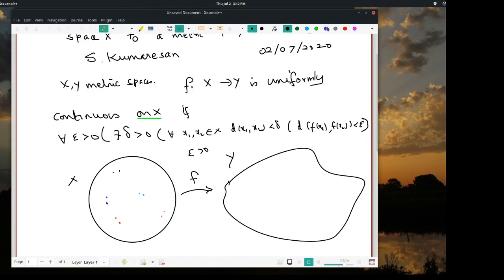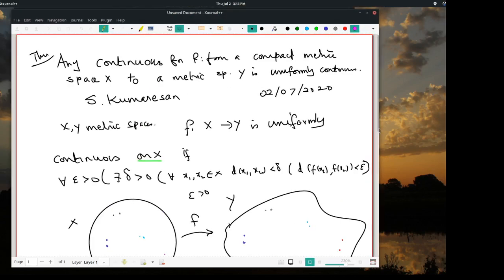The images may be anything, so this may be f(x1), f(x2), corresponding to these two points, and so on. But what I want is that these distances will be less than epsilon, provided I know these two distances are less than delta. So to talk about uniform continuity, I have to start with a pair of points.